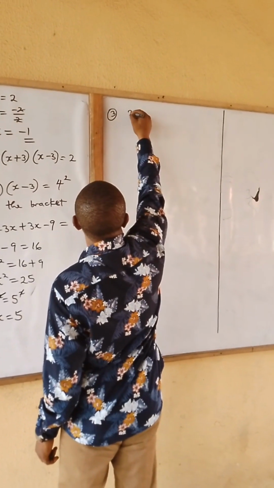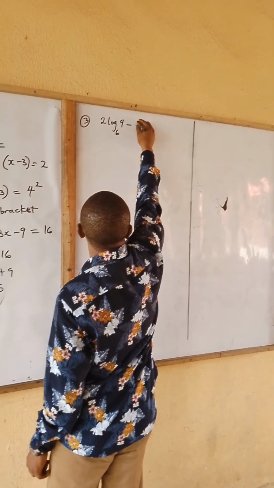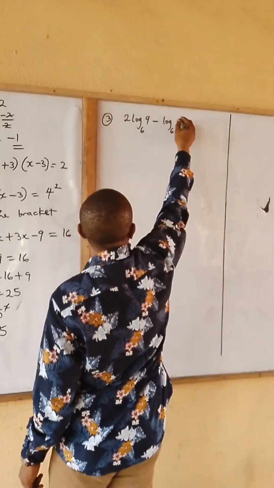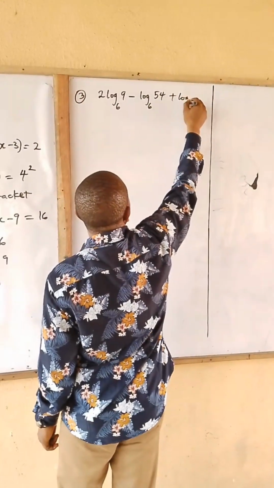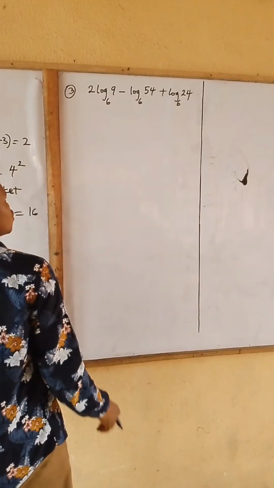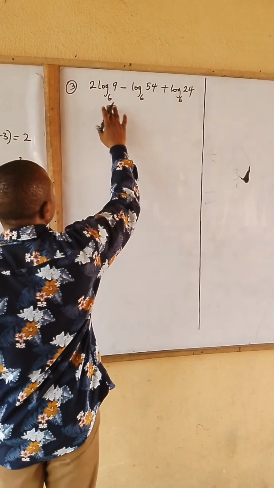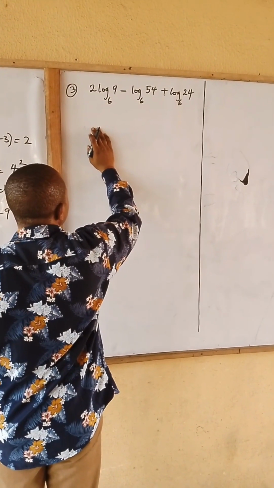We have 2 log base 6 of 9 minus log base 6 of 54 plus log base 6 of 24. According to the law of logarithm, when we have plus, we are going to multiply.